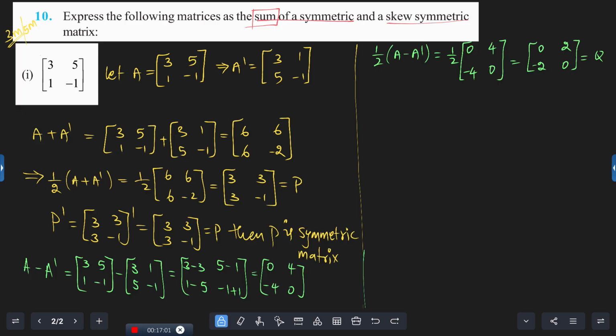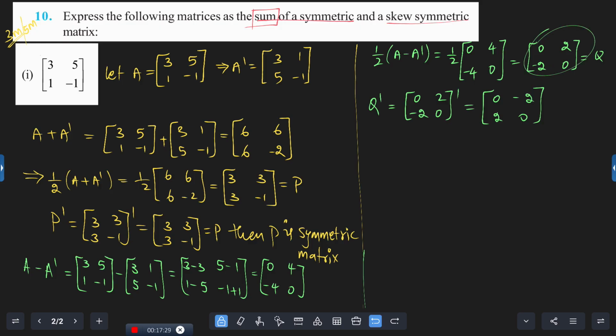Now for Q, we have to check whether it is symmetric, and for that we should take the transpose only. When I take the transpose, what am I getting? 0, 2, minus 2, 0. Row will become a column and column will become a row. So 0, 2, and the second row I write as a column, minus 2, 0. Now, is this the same Q as we have?